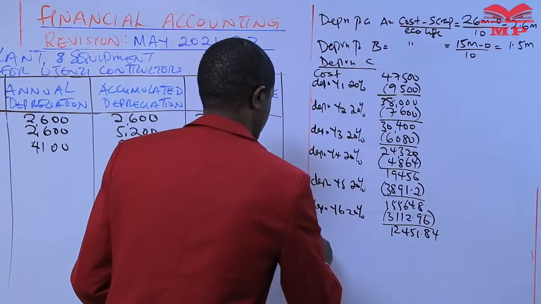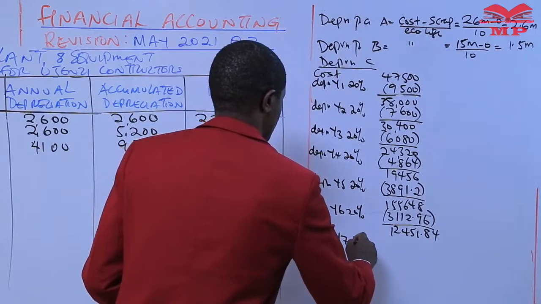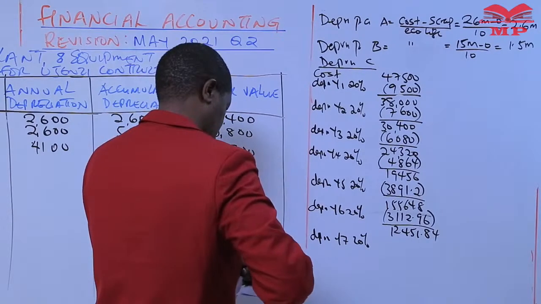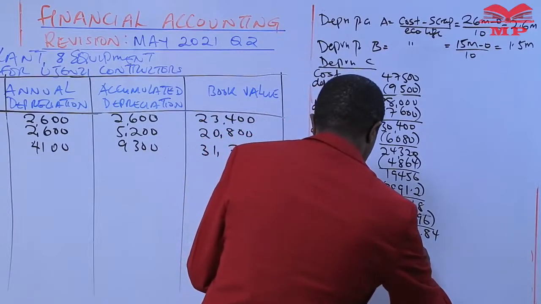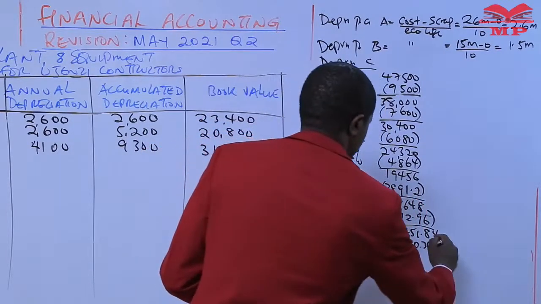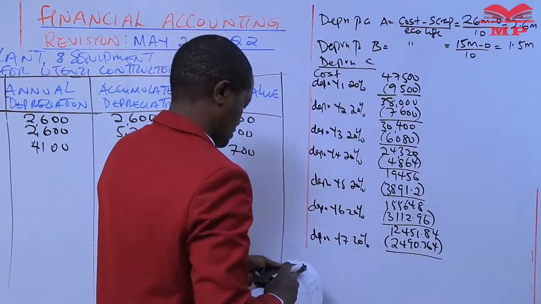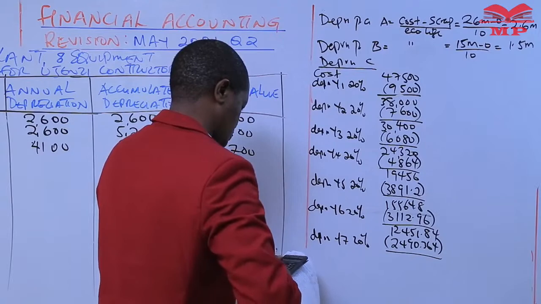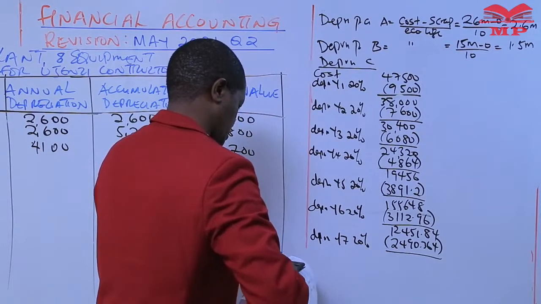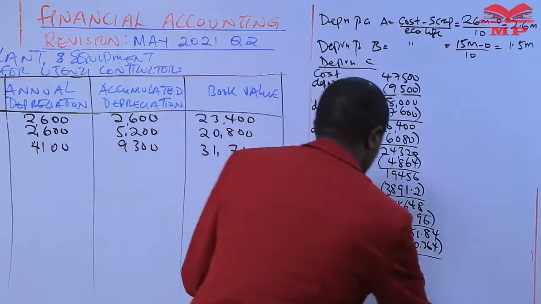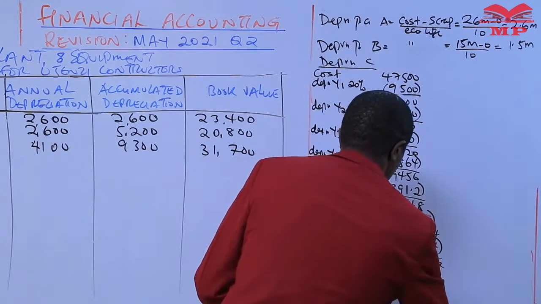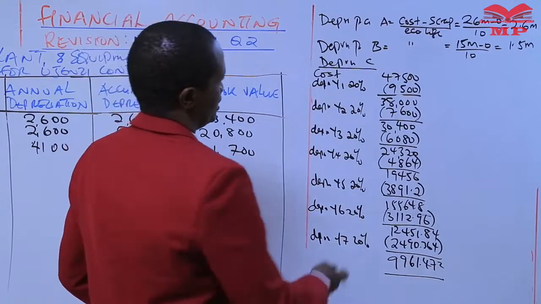Then lastly, we have depreciation year 7, 20% of that, which is 2,490.368. Minus that, we get the net book value, 12,451.84 minus 2,490.368 is 9,961.472.